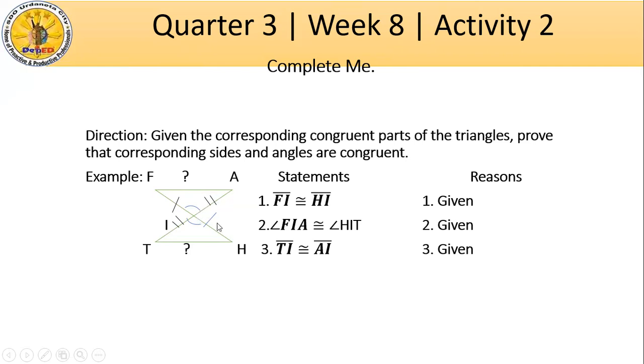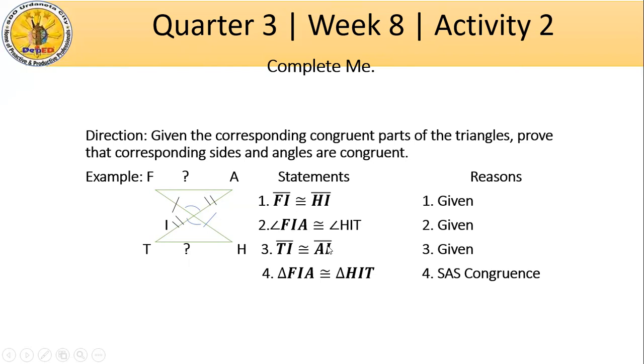So if you have already written the three congruent parts, it's now time to write the names of the two triangles that are congruent. Triangle FIA is congruent to triangle HIT by side-angle-side, because FI and HI is the side, angle FIA and HIT is the angle, and side again, TI and AI.